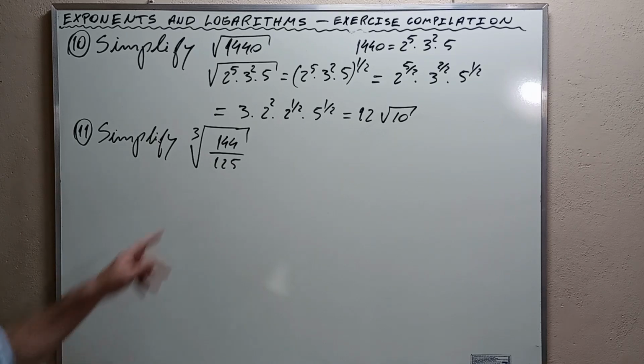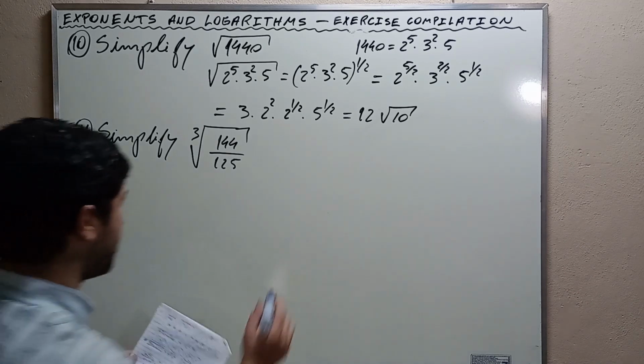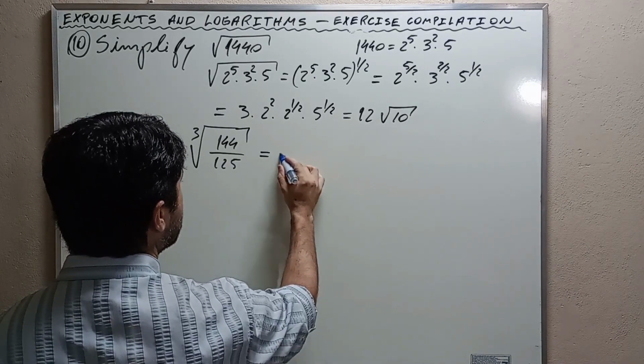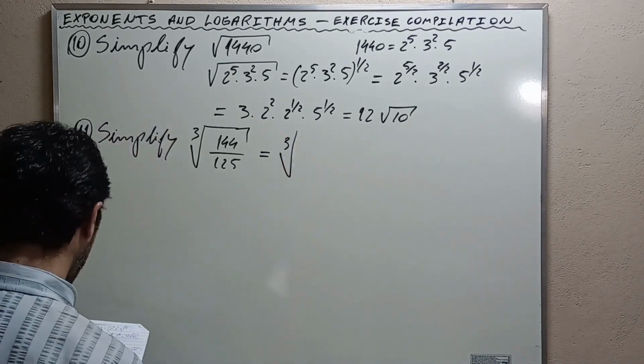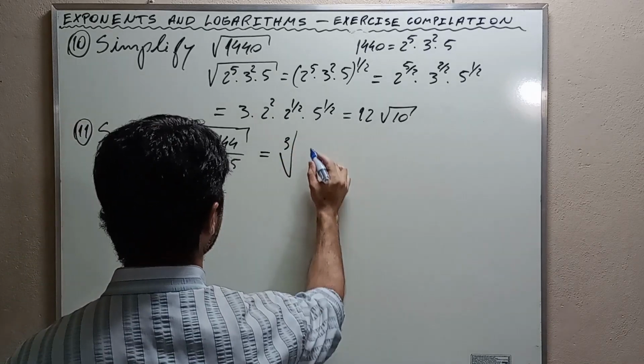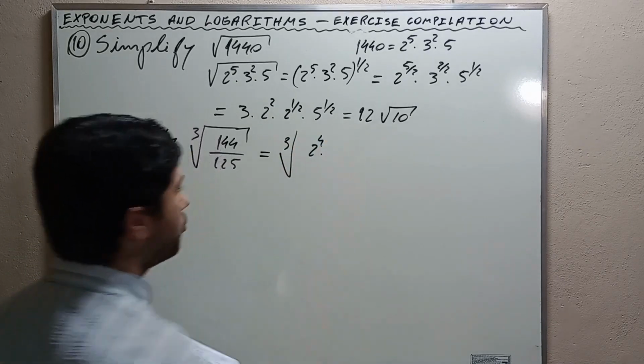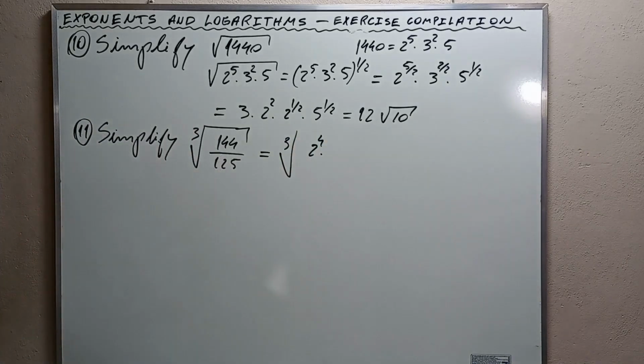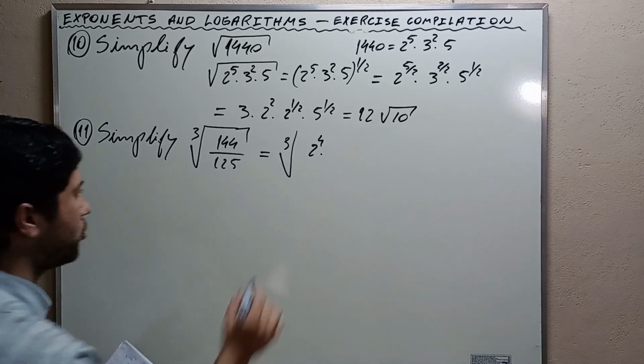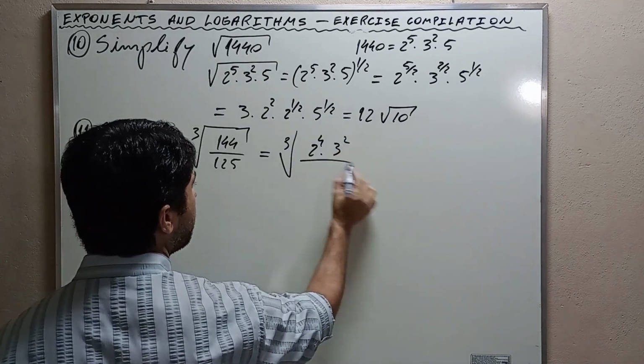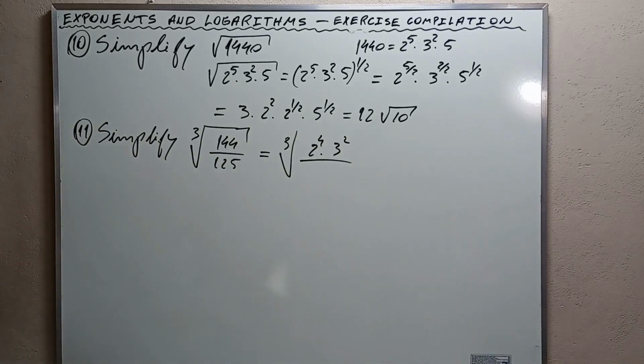We are going to factorize this, okay, into its prime numbers, the prime factorization of 144 and 125, and it becomes the cube root of 2 to the 4th times 3 squared divided by 5 cubed.